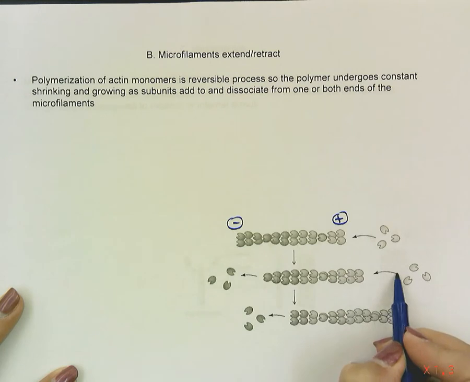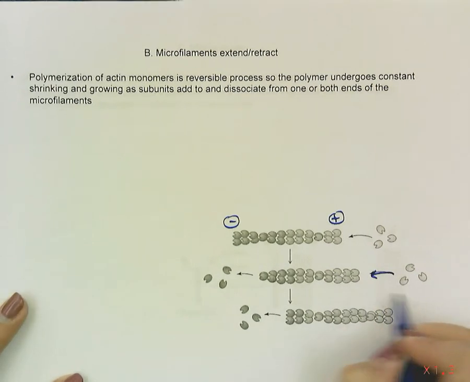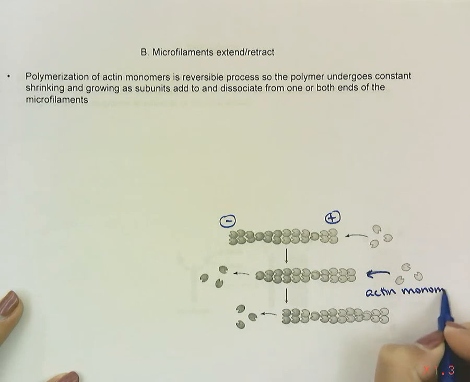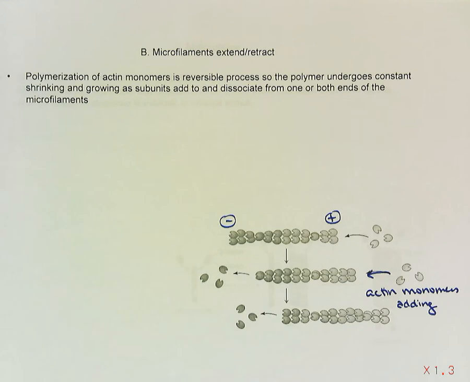Here are my monomers adding to the positive end. So the polymerization of these actin monomers is reversible, which means they can both add on and they can leave. It's an equilibrium kind of reaction where it can go back and forth.